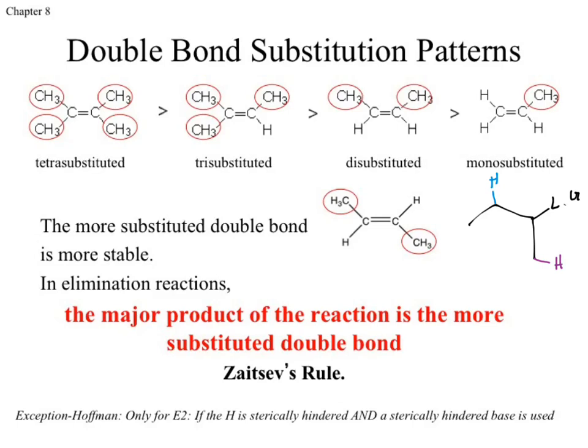So in the case of the purple hydrogen, which product do we have? If you have the purple hydrogen, you're going to end up forming the less substituted double bond. So our purple product is that guy.